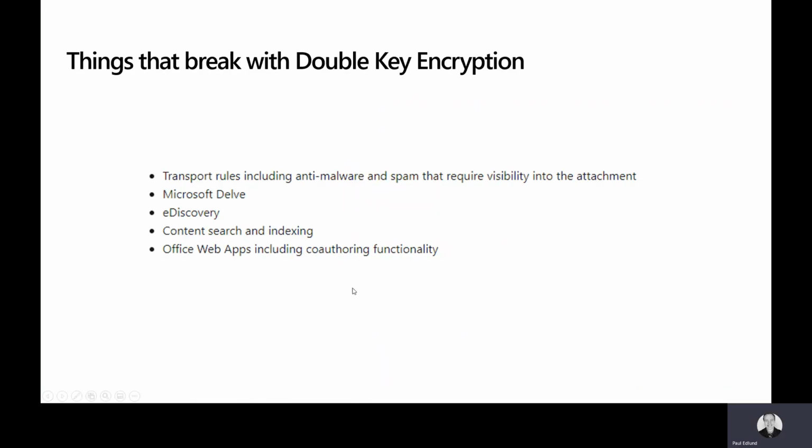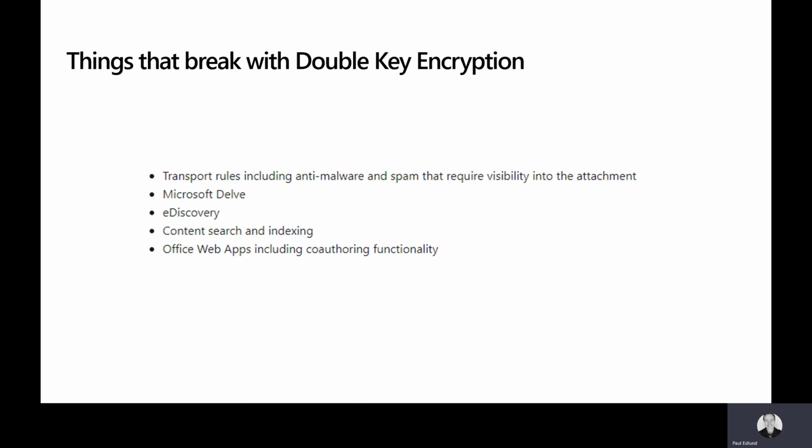I'll turn my camera back on. They are this. Transport rules for Exchange can no longer reason over this information. Microsoft Delve breaks. Now, many of you aren't familiar with Delve. It's a cloud service that helps you find information that you care about without having to search for it. So in other words, this is like search in reverse. What does that mean?